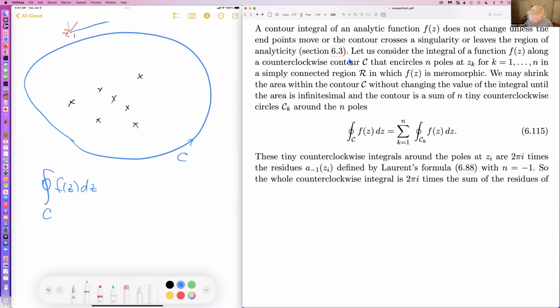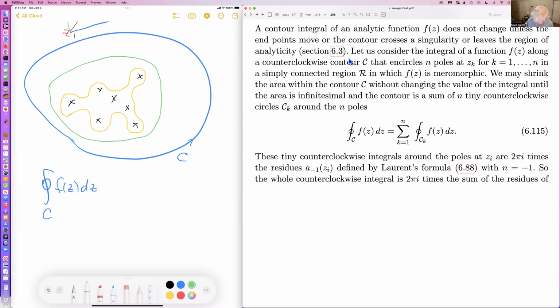And so what we can do, though, is deform the contour. Staying within the region of analyticity, we can change it to a contour that looks like that. And then we can change it to another contour that just sort of looks like this, and the integral along all of these contours is the same.